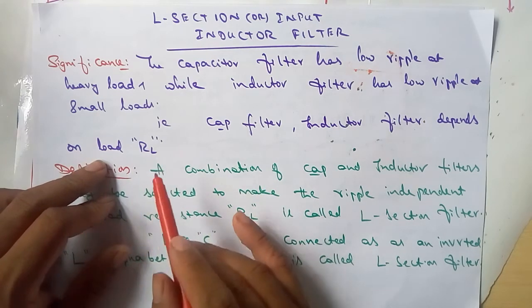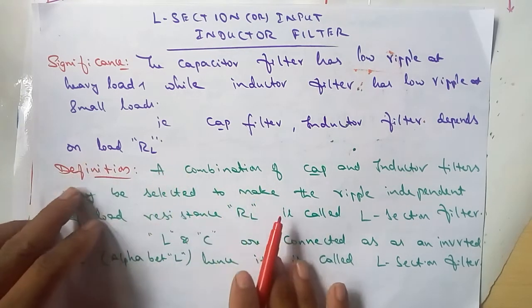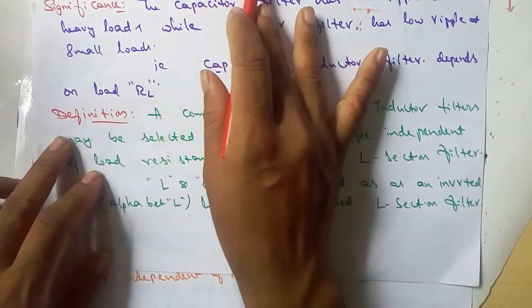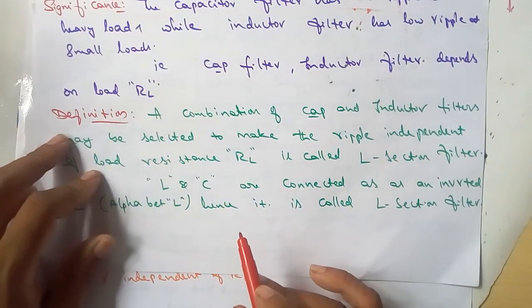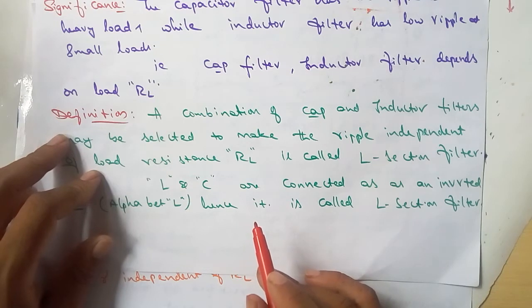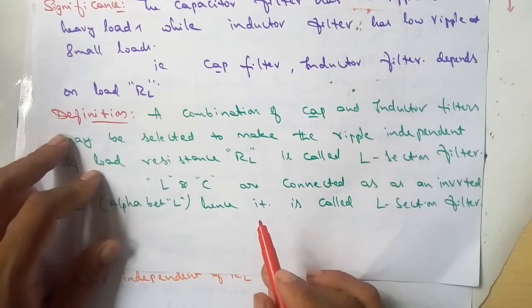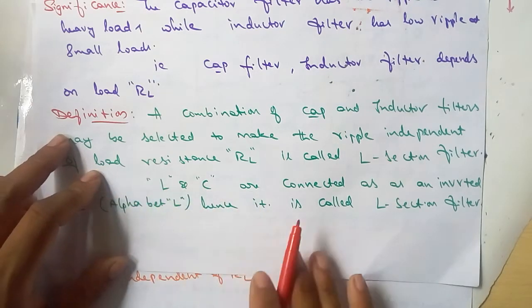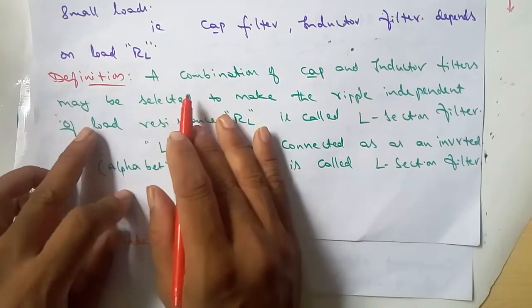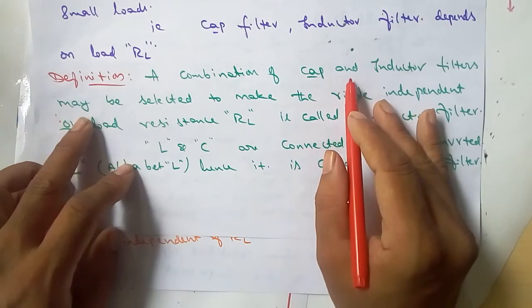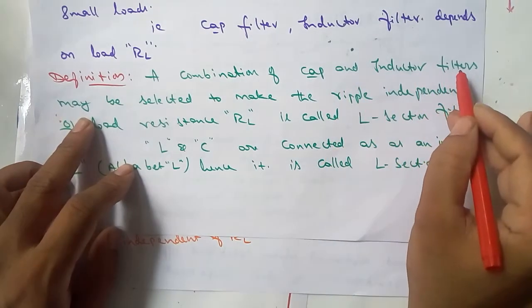That's why in place of them we are now using the L section filter. Why is it called the L section filter? Because we are forming an inverted L. Now coming to the definition: a combination of capacitor and inductor filters.